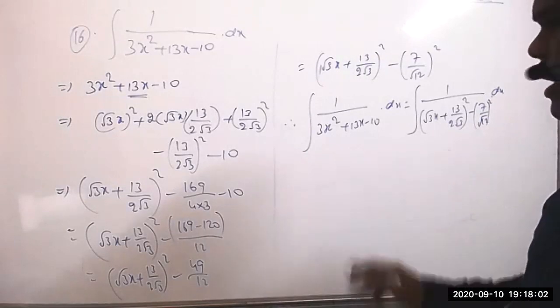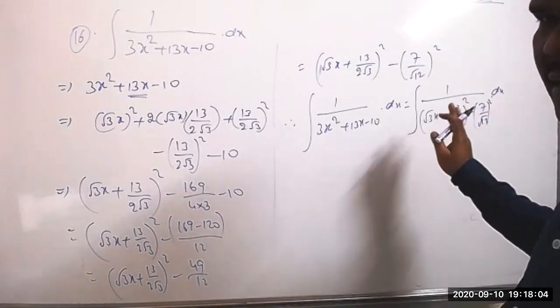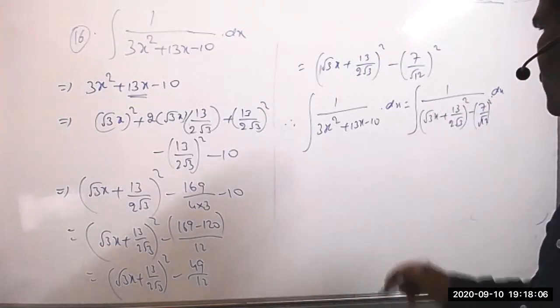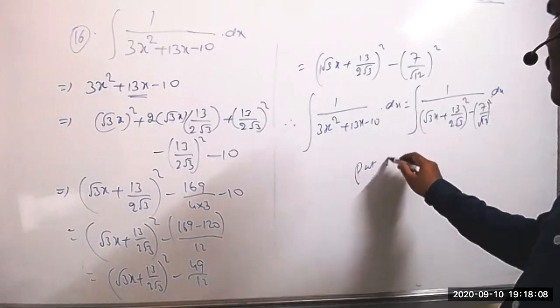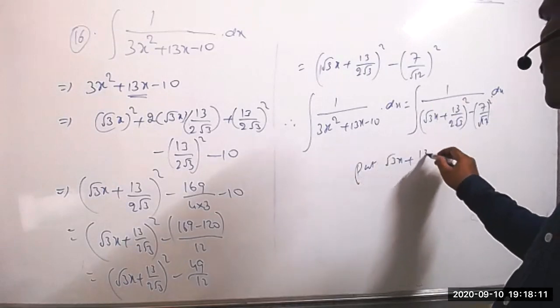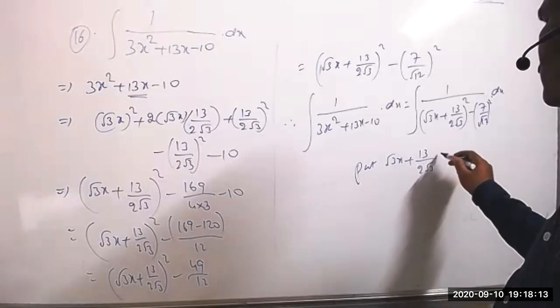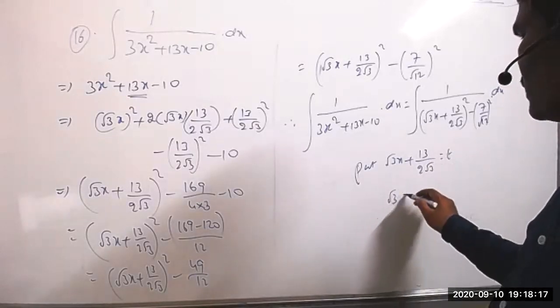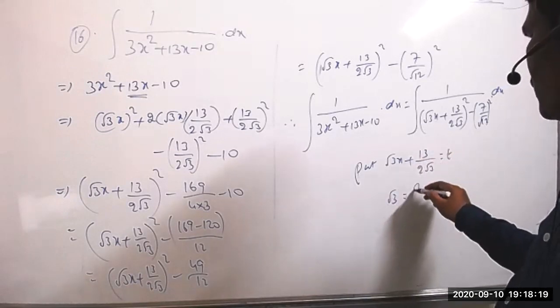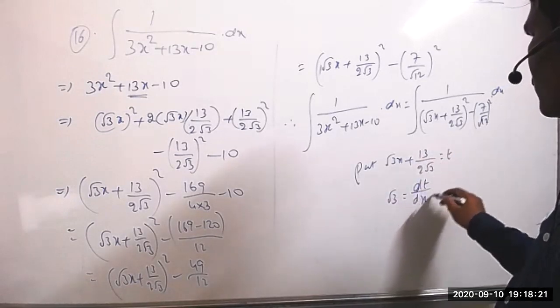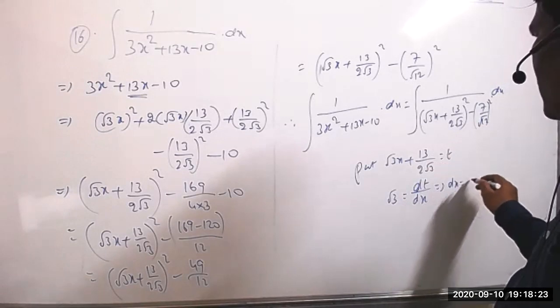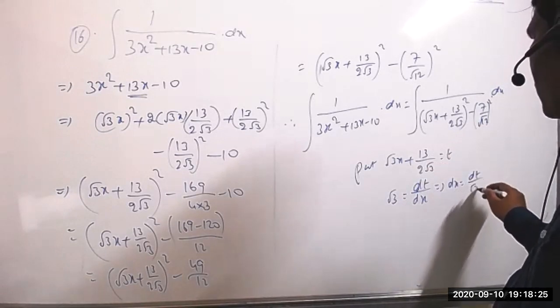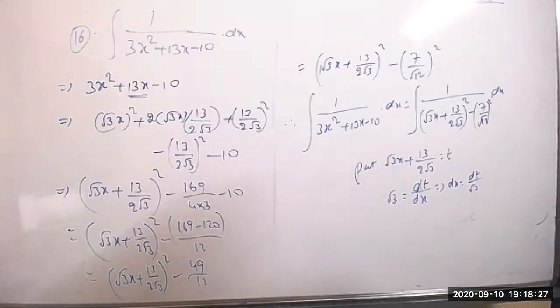We are not getting purely x, so we have to take a substitution. Put root 3x plus 13 by 2 root 3 equal to t. Differentiate: root 3 equals dt by dx, so dx equals dt by root 3.